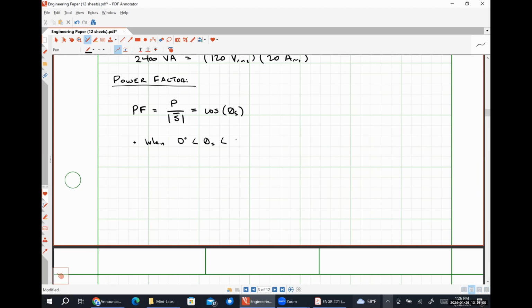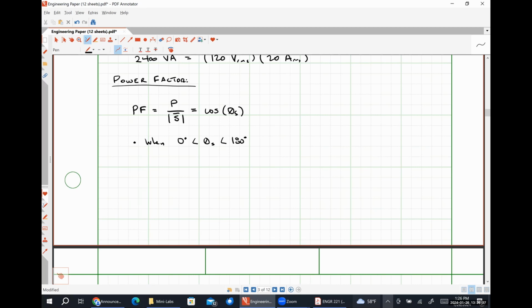Let me explain what I mean by that. If I were to restrict this to be 90 degrees, effectively all I'm saying is I'm looking at absorbed power. If I go over the 90 to 180 degree mark, that's effectively making my resistance quantity a negative quantity, which means that power is actually being supplied. So realistically, anytime our angle is positive, I'll just call it 180 degrees. And this will take into account both absorbing and supplying.